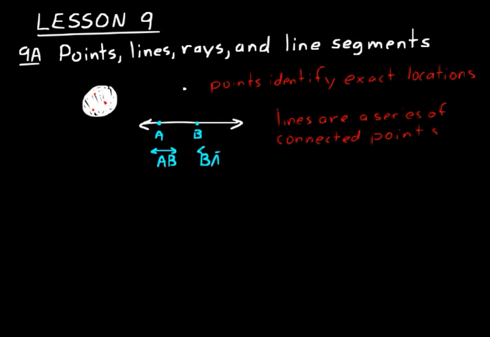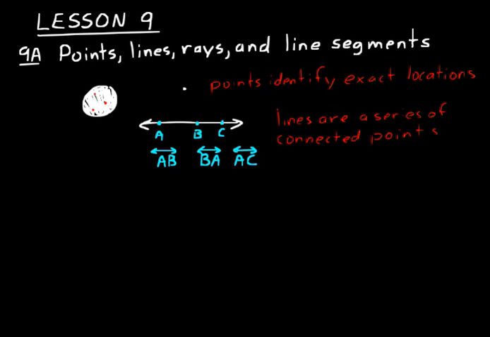Doesn't matter. We could put another point on there as well. All we need to identify that line are 2 of those 3 points. So AC is also representing that particular line. CB would work as well, BC. We just need 2 points and only 2 points to represent the location of a line.